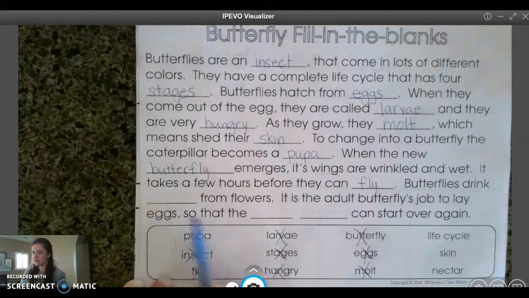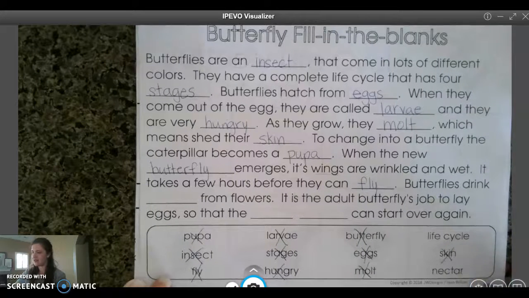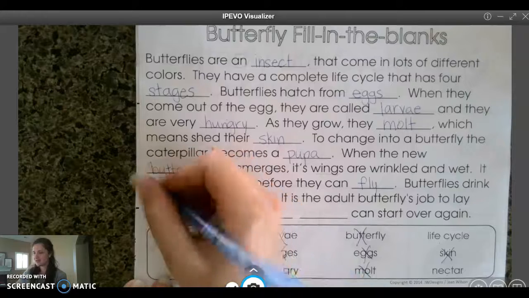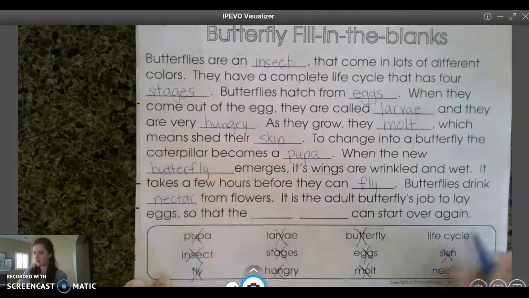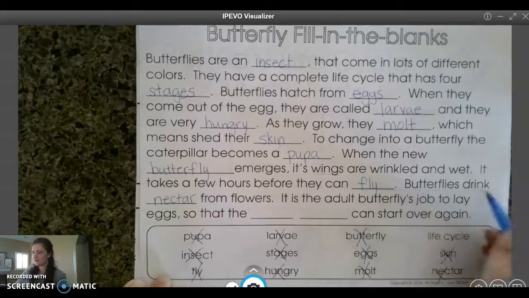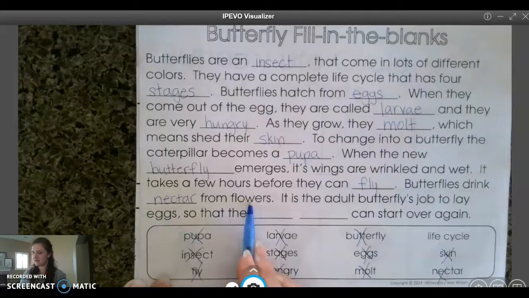Butterflies drink blank from flowers. Which comes from flowers? Life cycle? Skin? Oh, we did skin already. Life cycle or nectar? Which comes from flowers? The nectar. Okay. Butterflies drink nectar from flowers.